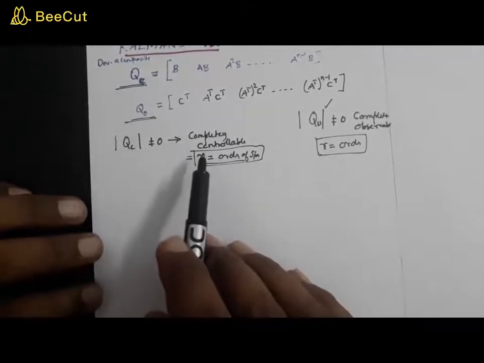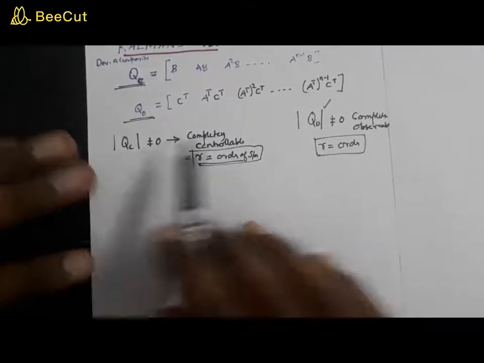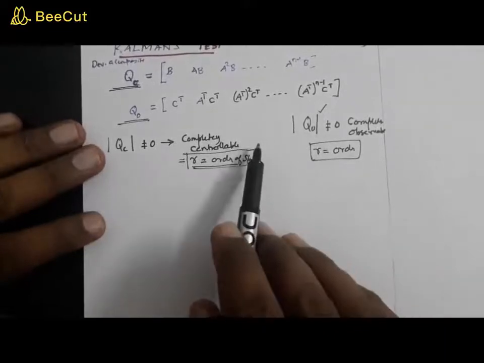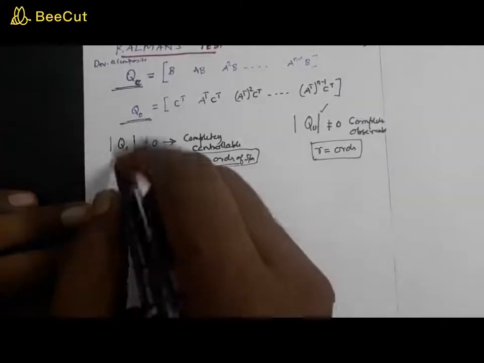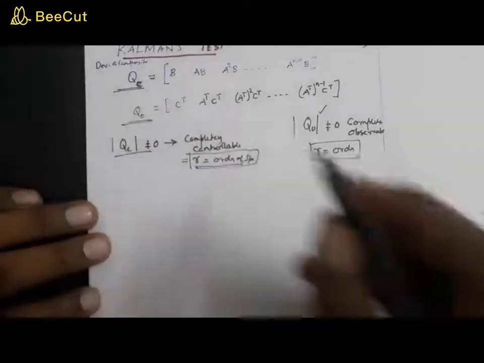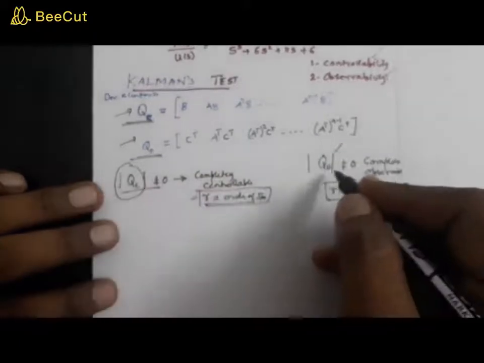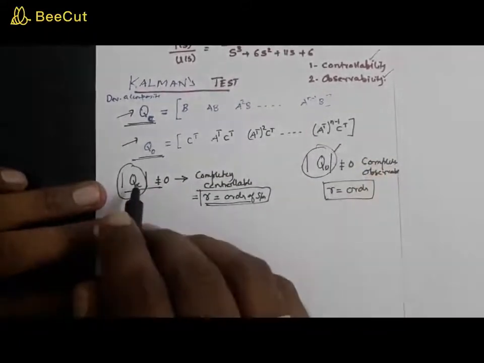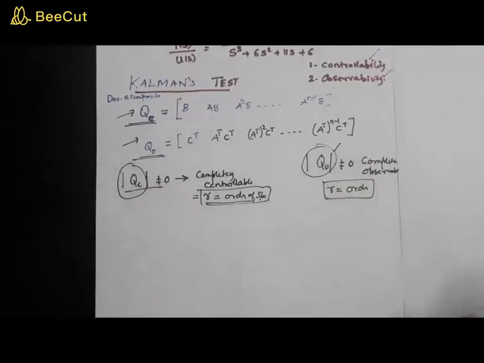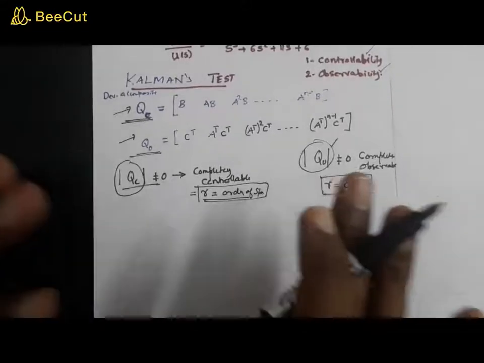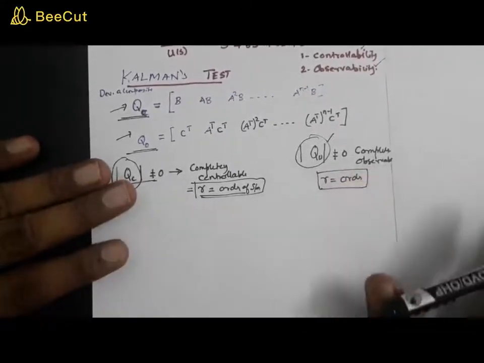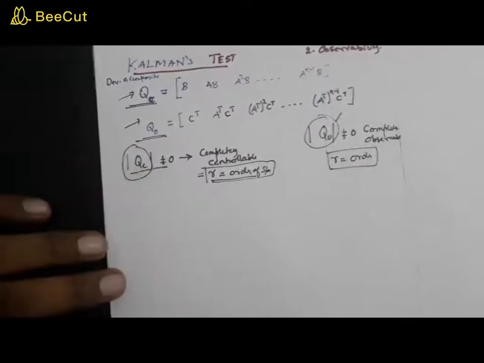We don't need to know the exact rank to test this, so the trick is to find the determinant. The first step is to obtain the matrices, then find QC and QO and check whether each is a non-zero or a zero quantity. Based on that, you can ascertain whether it is controllable and observable.